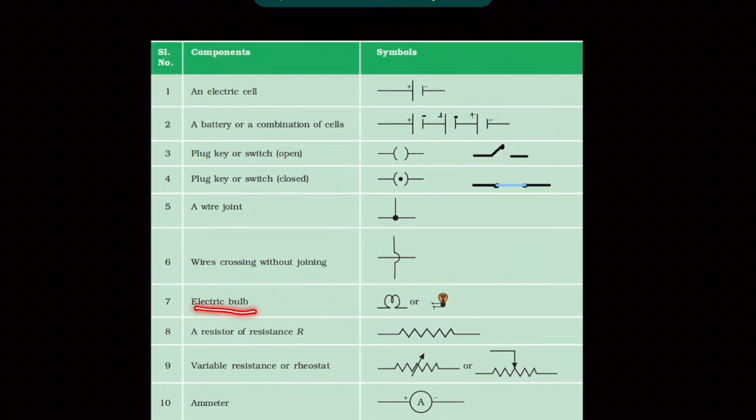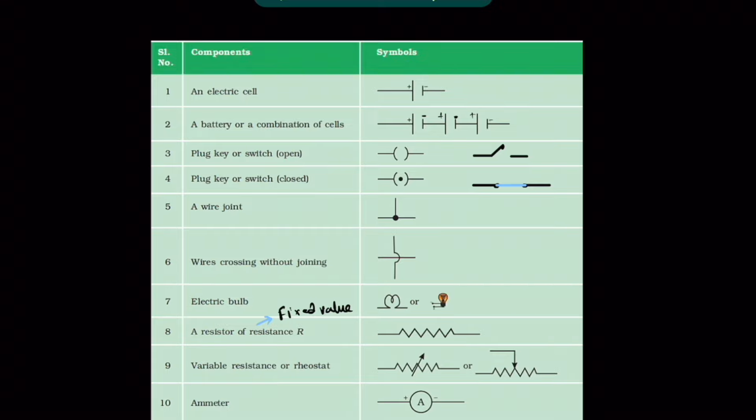Next is the electric bulb. For the electric bulb, we make a symbol like this or simply the bulb figure. Next is the resistor. Resistor we will study later, but for now just remember the symbol used for resistor. It is a zigzag representation of a line. It is called a resistor, and this resistor has a fixed value. Second is the variable resistor.